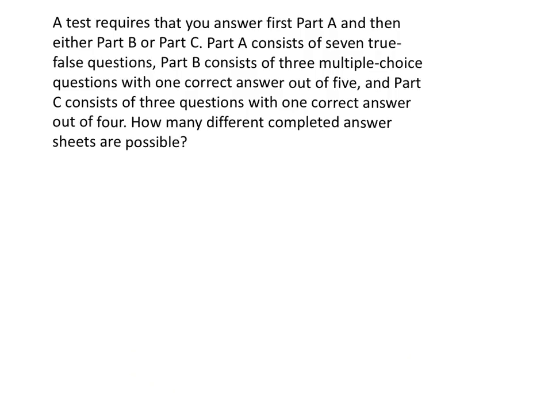Alright, you guys are really good at this one, but let's go over it anyway. A test requires that you answer first part A, and then, so we're going to multiply, either part B or part C. So I'm going to write that as A, and then B or C. And then means multiply, and or will give us a plus.